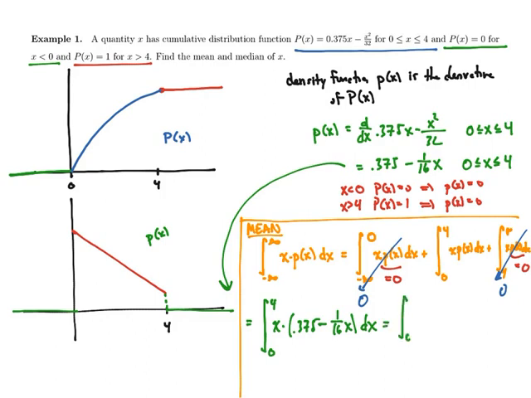Distributing the x across, we have 0.375x minus 1/16 x squared. And then we've got to take the antiderivative, plug in the bounds, and we will be done.